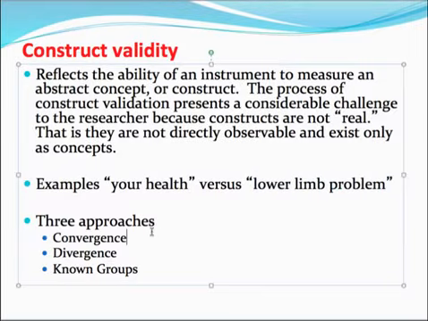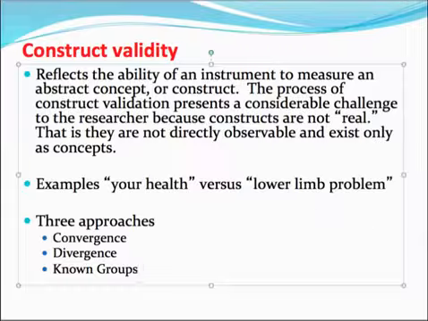And so what we need to do then is to look for data that demonstrates convergence on health, lower limb, and then divergence on other things like mental ability or just personality traits, something that would be distinct or contrasting with the concept of health or lower limb problem.